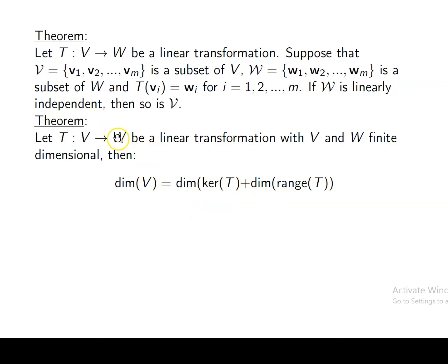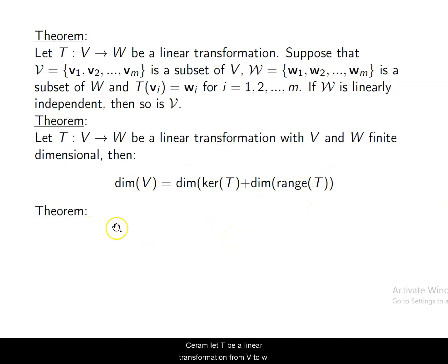The dimension of the kernel of T, the things that go to 0, plus the dimension of the range of T. So in the rank-nullity theorem, the dimension of our domain is the same as the dimension of the null space plus the dimension of the rank, but since we have linear transformations, the null space is the kernel and the rank is the range, right? So that's our relationship here.